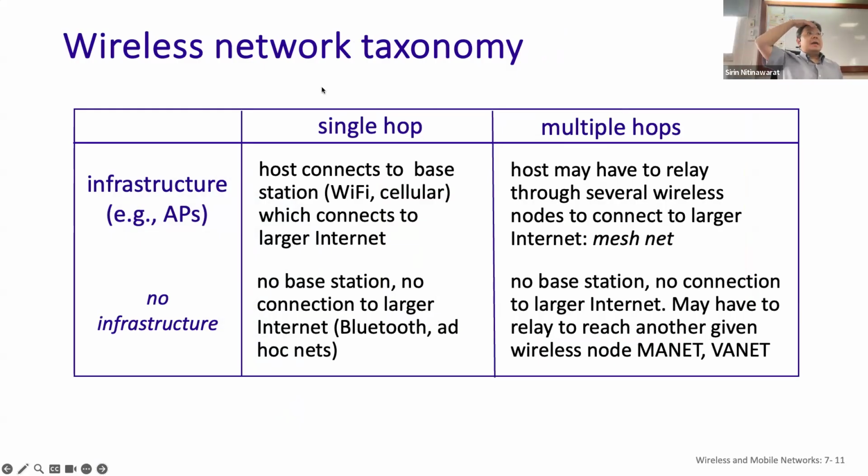But in the study of wireless networks, there are certain fancy networks where the traffic could go multiple hops as well. So in the complete taxonomy of all wireless networks, there are 4 categories.